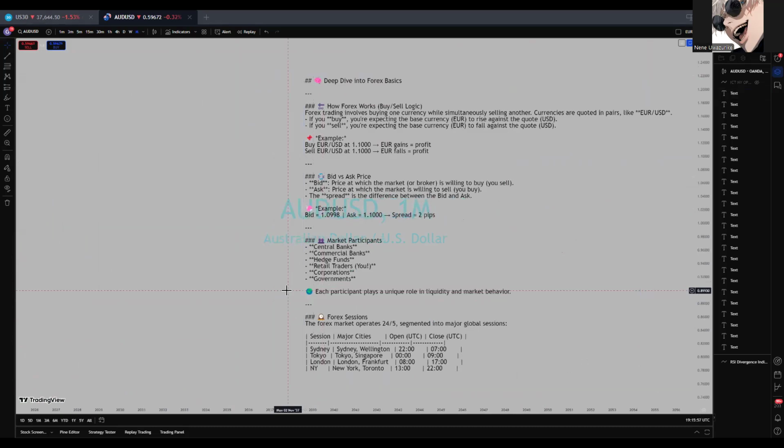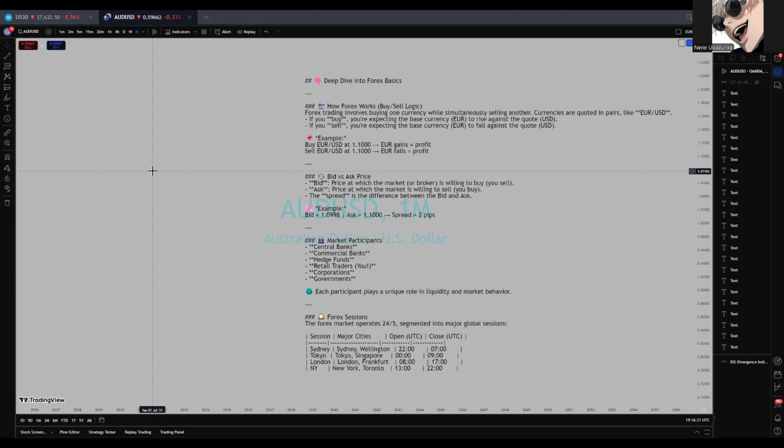All right. So now, for example, when you buy the euro and the US dollar at 1.1000, and the euro gains, then you're in profit. But if you sell the euro at the same price and the euro falls, you're in profit.